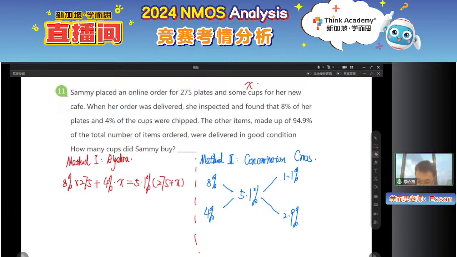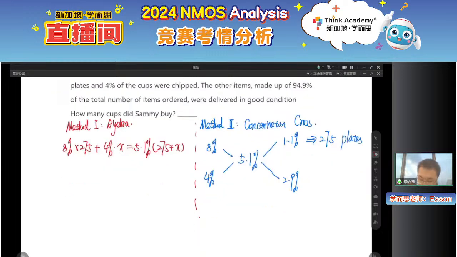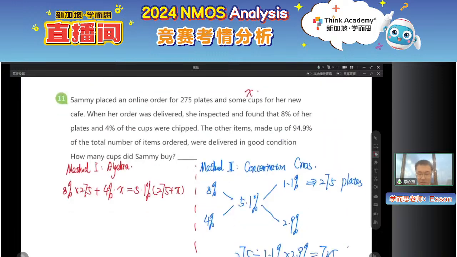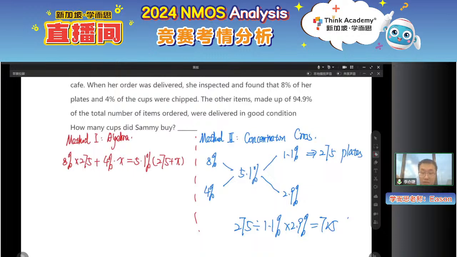So this 1.1 refers to the 275 plates. How many cups are there? Just 275 divided by 1.1 times 2.9. Just divide by 11 then times 29, so it's 25 times 29, which is 725. Yeah, it should be faster if you use the concentration cross, as the time is limited, right?